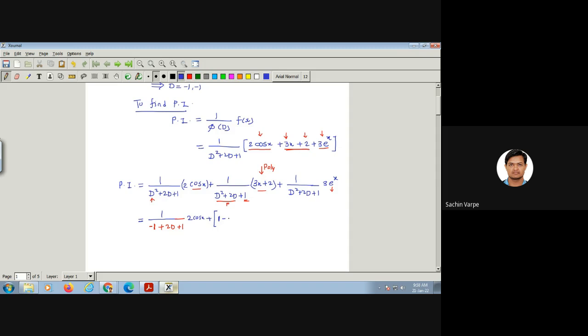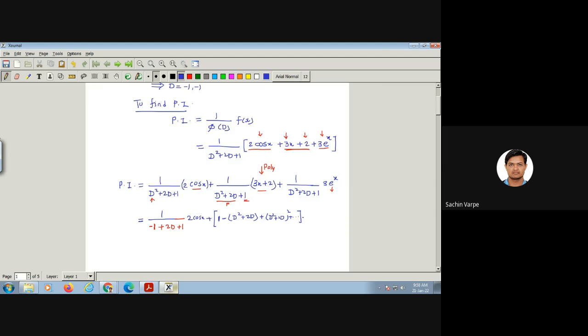So 1 minus p, what is p here? D square plus 2D, then p square is the square of D square plus 2D, and so on, isn't it?